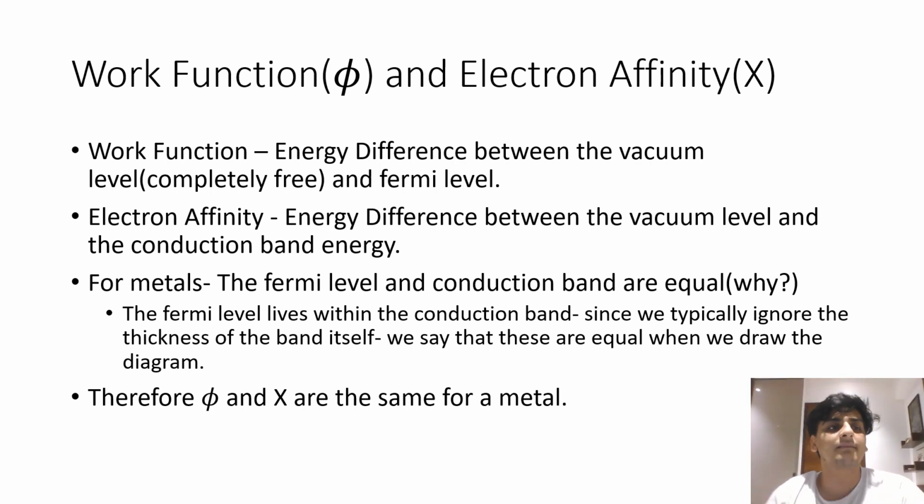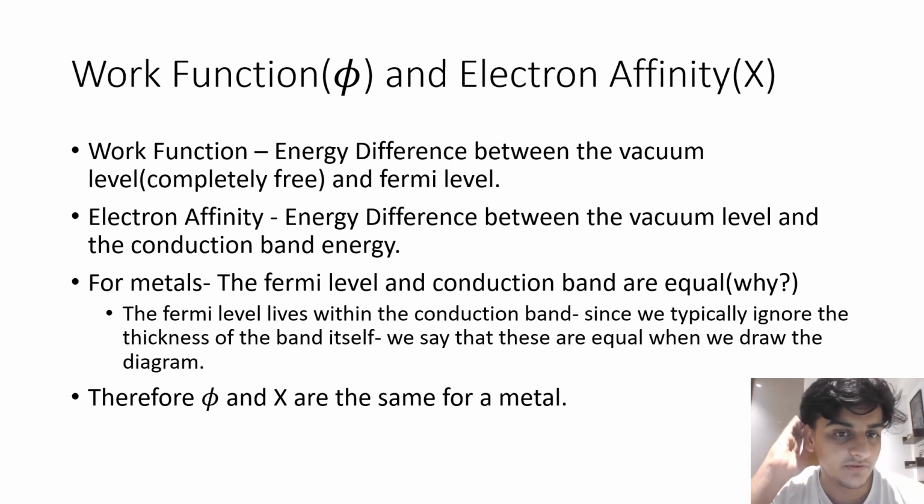Since they have partially filled conduction bands, and we're talking about 0 Kelvin, the highest filled state is where our Fermi level will be. We know this from the definition of Fermi level.